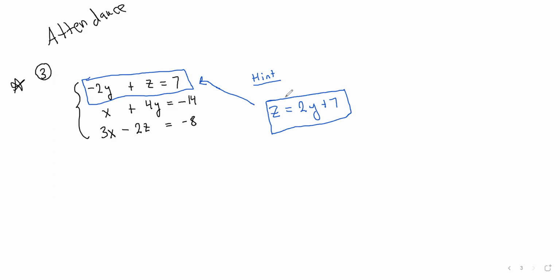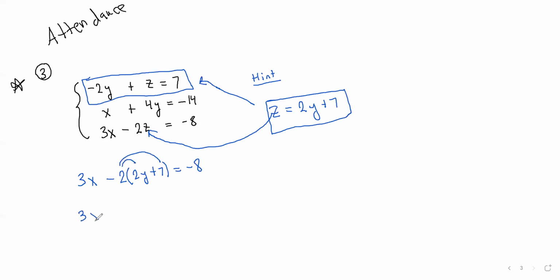And then the next best step to take once you have z is substitute in this value of z here. So let's just calculate that. So we get 3x minus 2, and instead of z, we're going to place this formula 2y plus 7, equals minus 8. And so I'm just going to simplify this real quick.